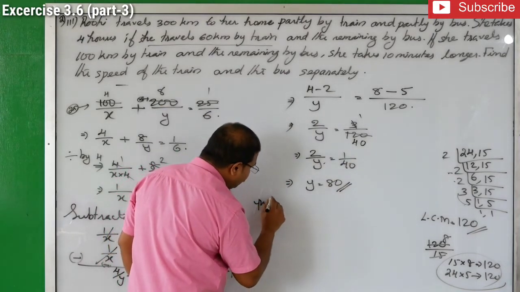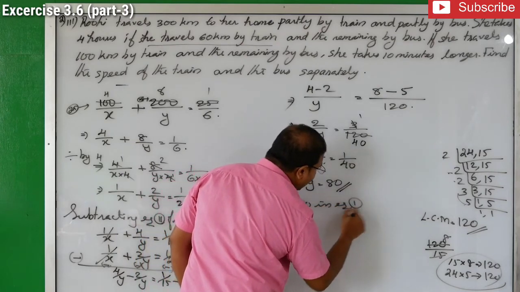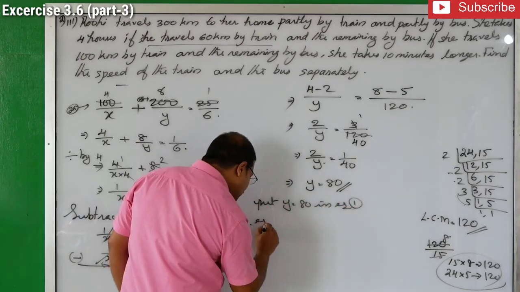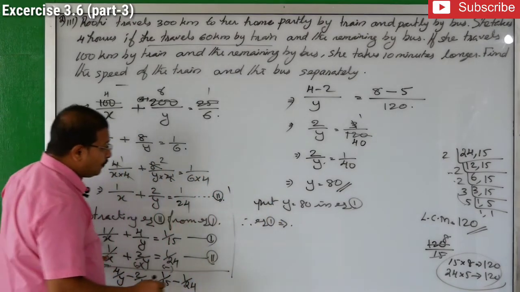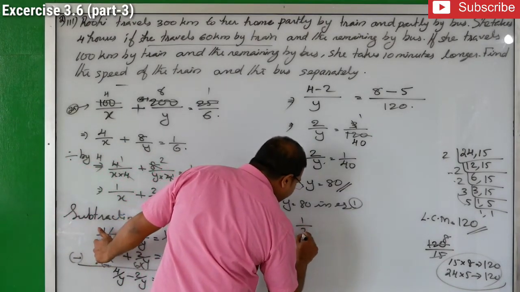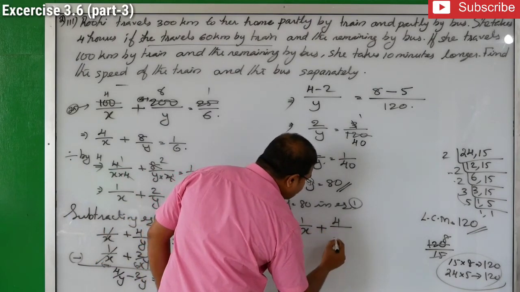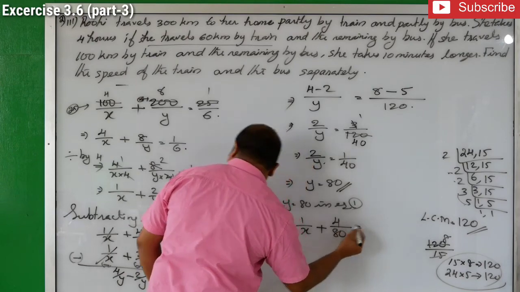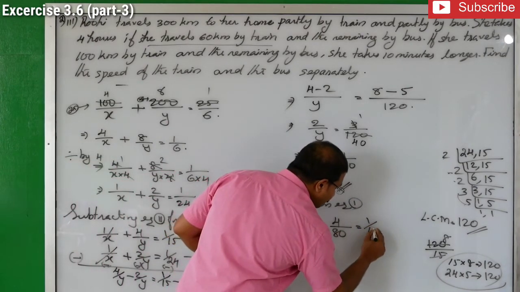Now what you will do? Put y equals 80 in equation 1. Therefore, equation 1 implies the first equation. What is the first equation? 1 by x plus 4 by y. So 4 by, in place of y we will write 80, equals 1 by 15. Ready? 1 by 15.